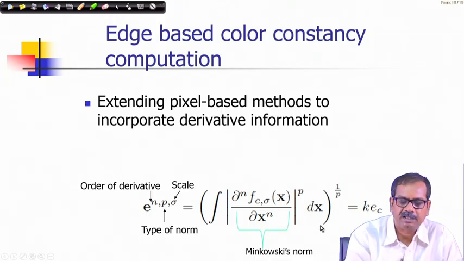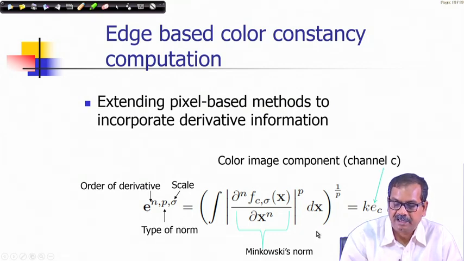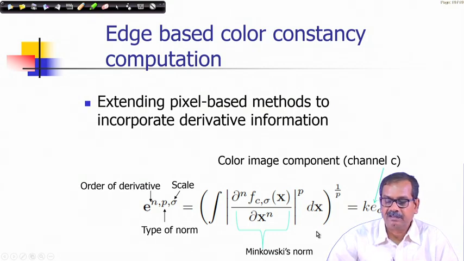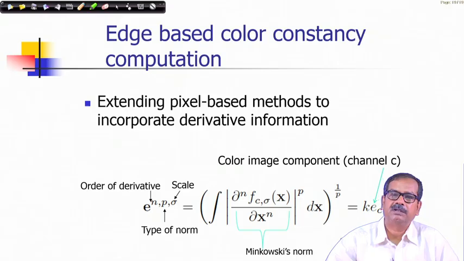That means, it is smoothed by a Gaussian mask, and then you perform this derivative, and then you compute this Lp norm or Minkowski norm for that particular channel c. So, if you are doing it for the red component, for example, for all the pixels, then you will get a value which is a proportional representation of the illuminant for that particular channel, and you carry out these computations for every channel, like green and blue.